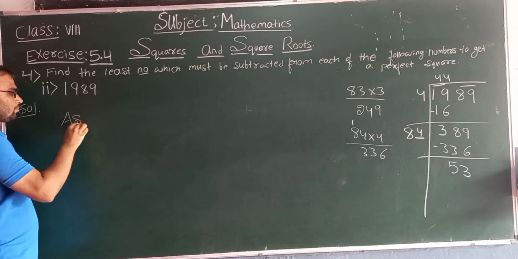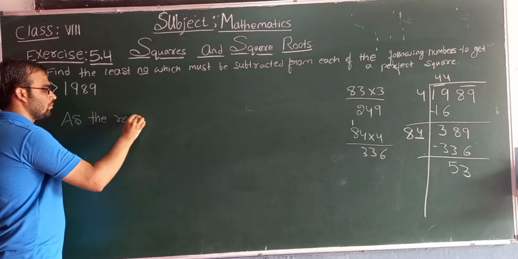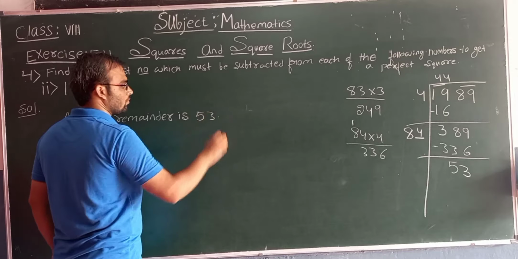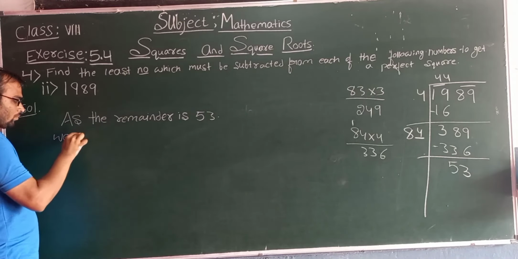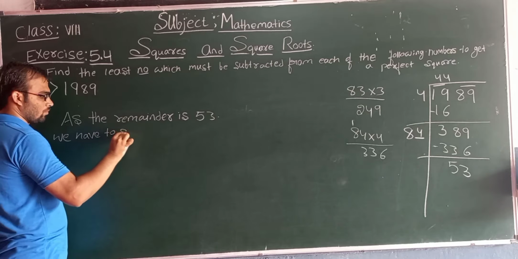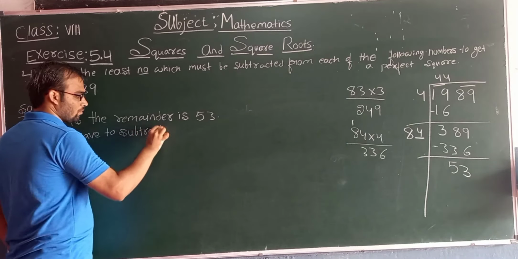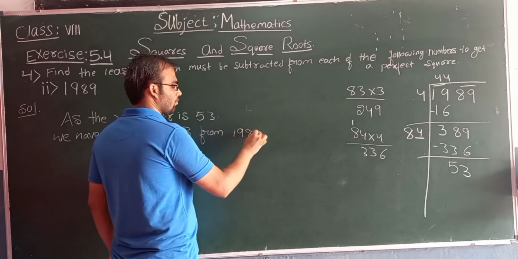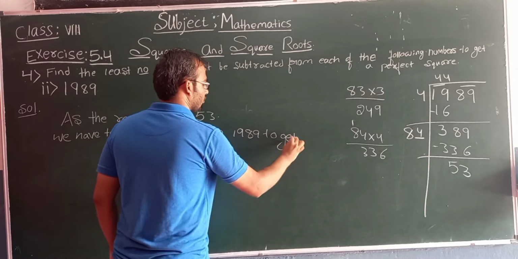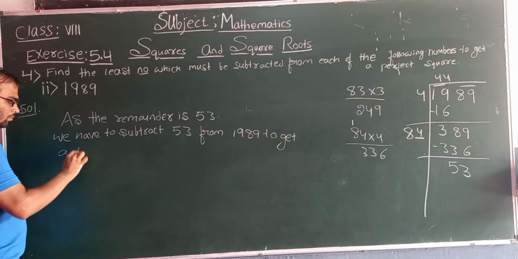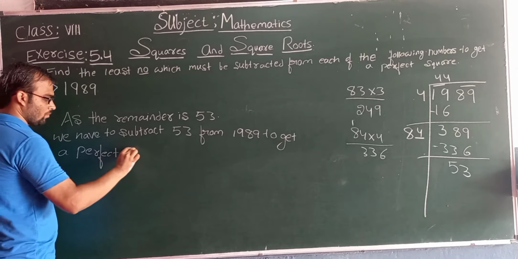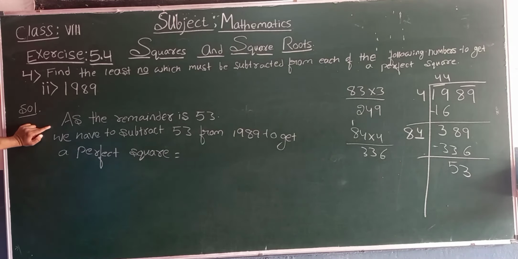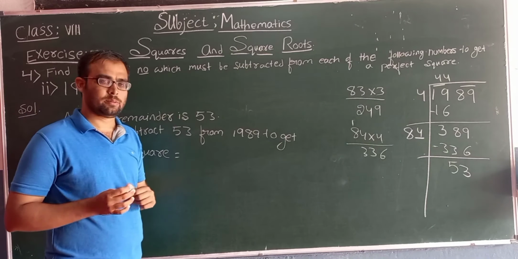Therefore, okay students, as the remainder is 53, when we subtract the remainder from the number, then we'll get a perfect square.